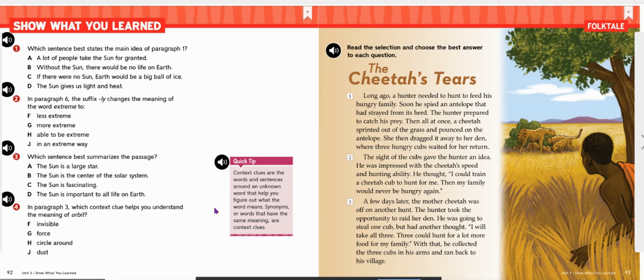It's usually in the first couple of sentences of the paragraph or in the concluding sentence of the paragraph. So you should have gone back and reread paragraph 1 and looked closely at the beginning and the ending to find what it was mainly about. And if you chose B, without the sun, there would be no life on Earth, you are correct. So let's circle B.